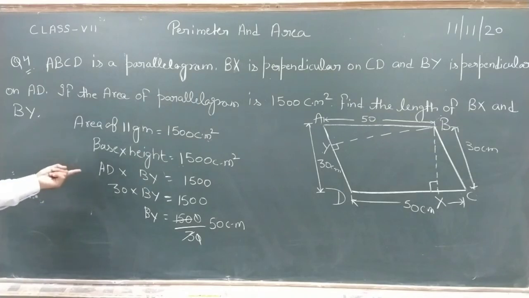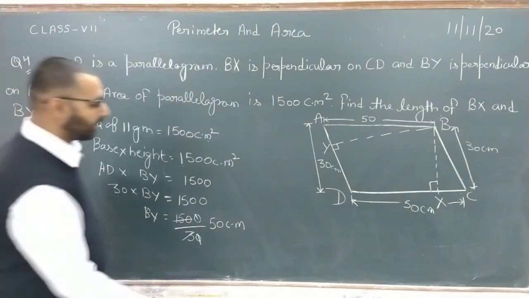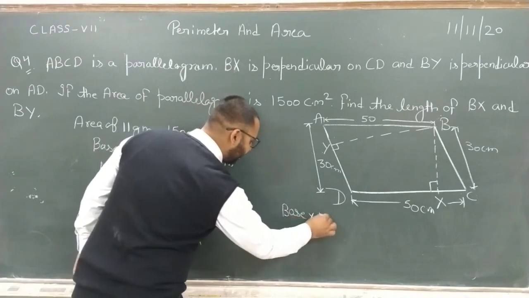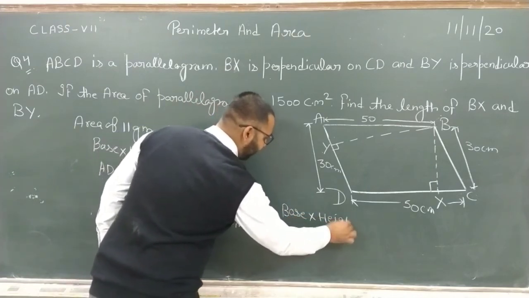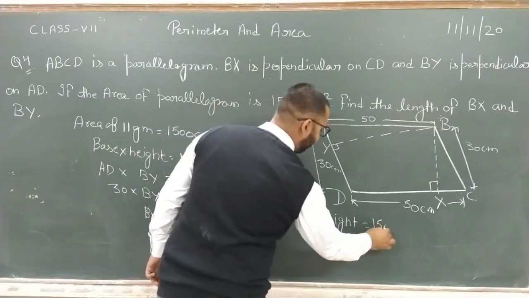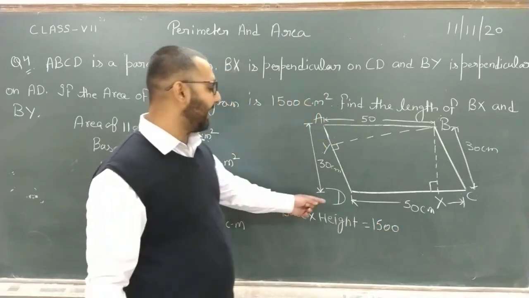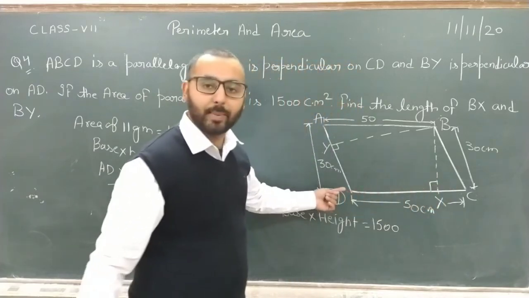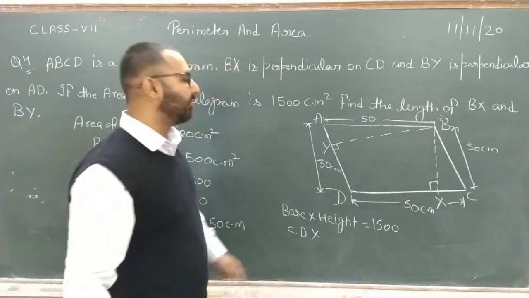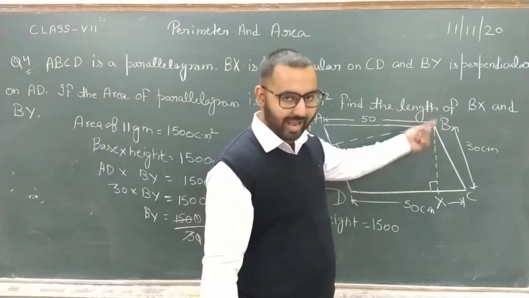Fine. In the same manner, base multiplied by height, I am going to start again from here. Base multiplied by height is equal to area, and that is 1500. Fine. If I take CD as the base of the parallelogram, then height will be BX.